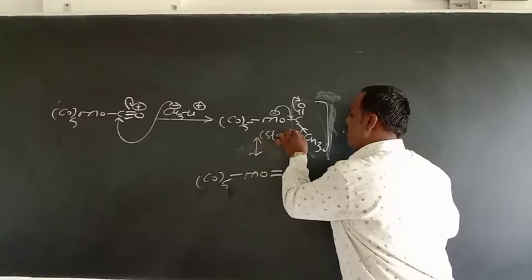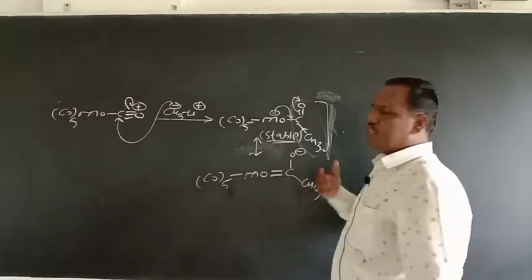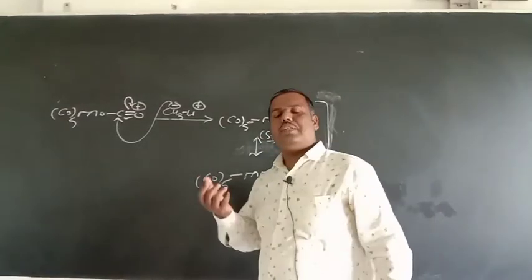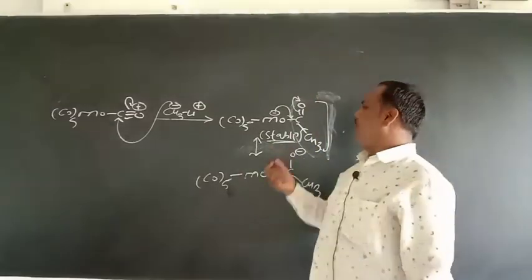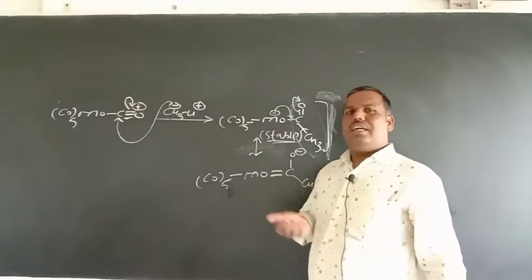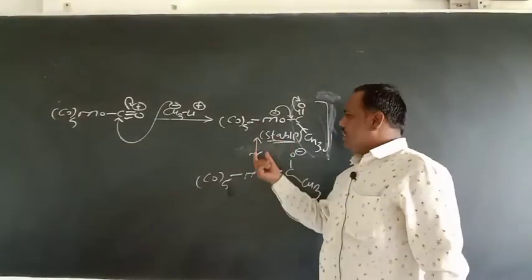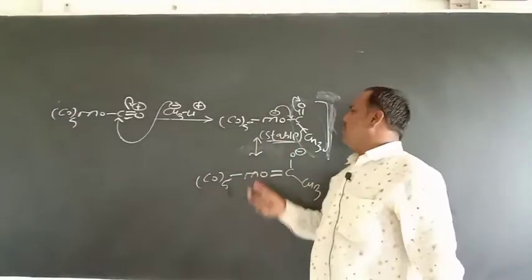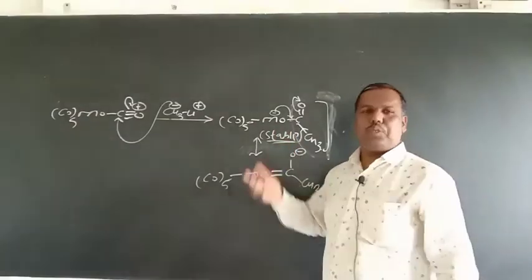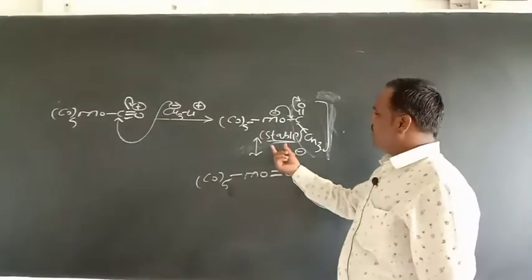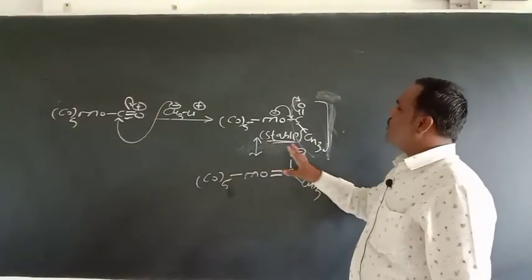The other complex, in which the hydrogen is more acidic and the group is an electron withdrawing group, is unstable, and therefore the metal atom will show agostic interaction. But this complex is very much stable as compared to the other nucleophile, and therefore it does not show agostic interaction.